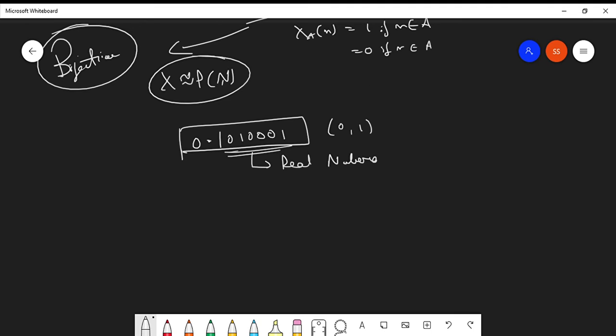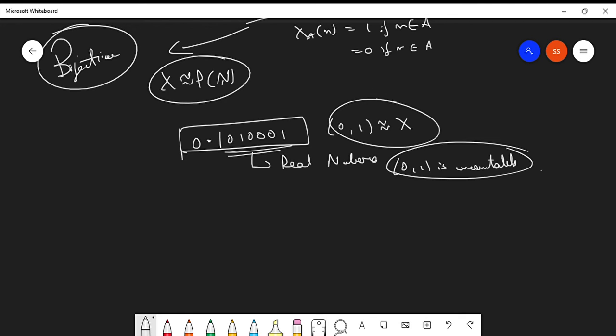Between 0 and 1. Is it becoming numerically equivalent to X? I guess so. It is becoming numerically equivalent to X. So what we can say about this? The interval 0 to 1 is uncountable. The range of numbers between 0 and 1 is uncountable.